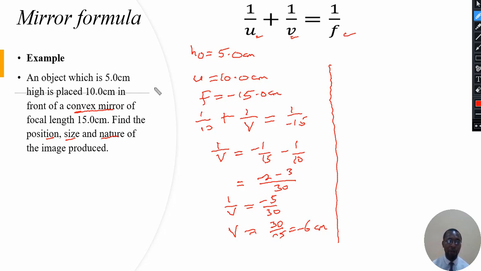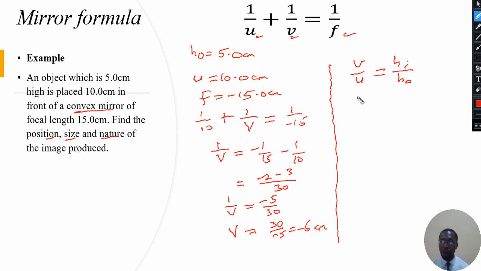We know that the object is 5. Now, because we are dealing with a convex mirror, let's find out whether truly the image will be bigger or smaller than the object. Going by our mirror formula again, we remember that v over u equals h_i over h naught, where h_i is the image height, what we are looking for. h naught is the object height, which has been given as 5.0. v has been determined to be 6, and u has been given in the question.